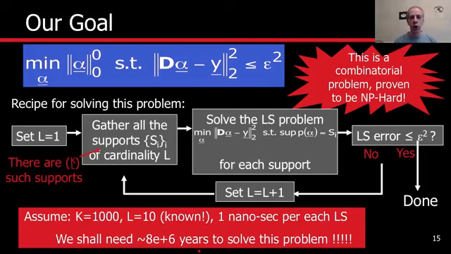It's a huge number. That's how much you're going to need to solve the problem if I already gave you that L is equal 10. Imagine what will happen if you have to run over all possible L's. It's impossible. That's why the problem is NP hard. It's impossible to solve as it is.